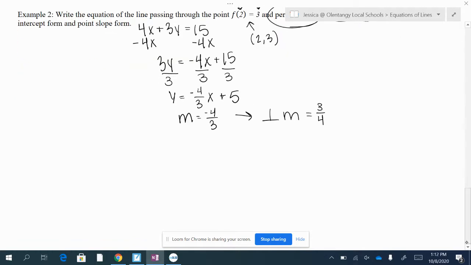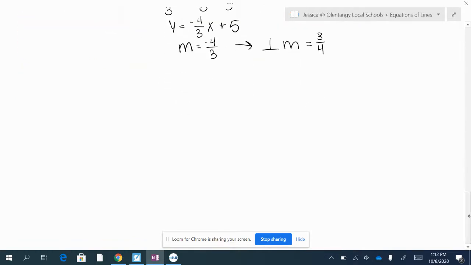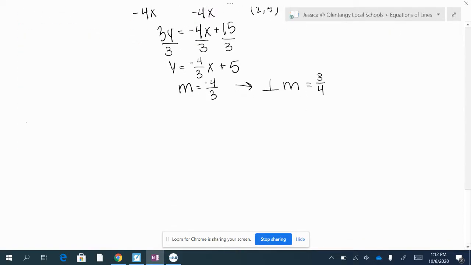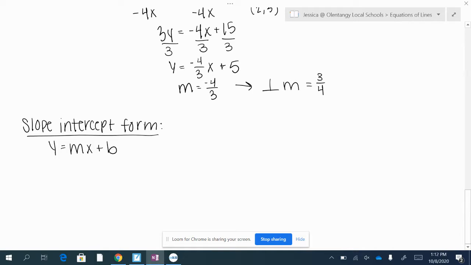So going through and writing it into the two different forms, we have slope-intercept form. So I'm going to start there. This is y equals mx plus b. Okay, here I need to solve for my y-intercept. I don't know what it is.